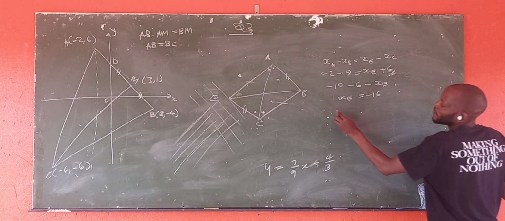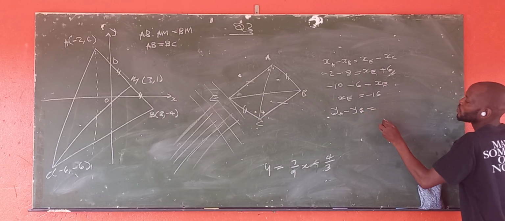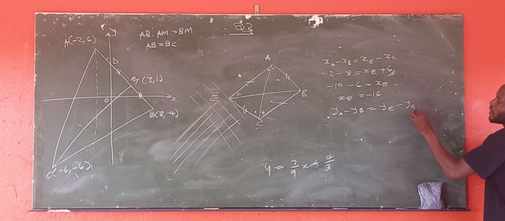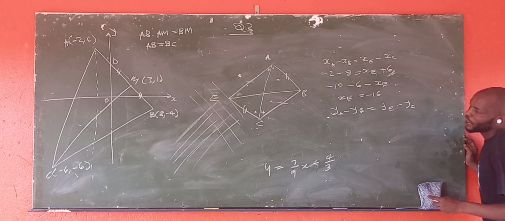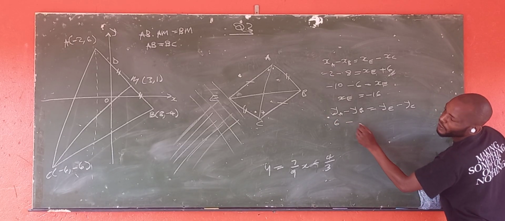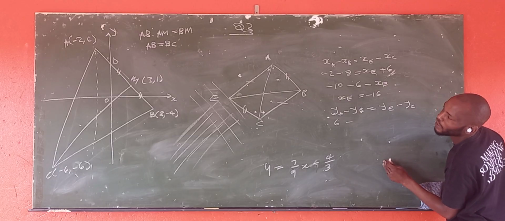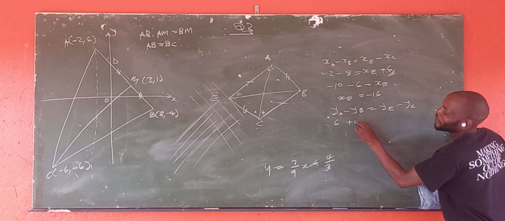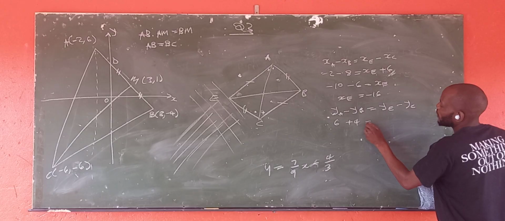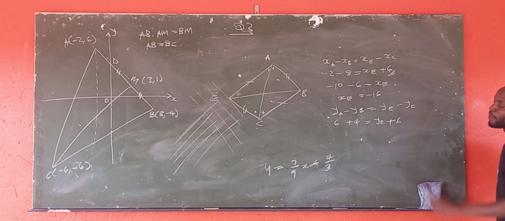Similarly, y at A minus y at B should equal y at E minus y at C, right? What is y at A? y at A is 6 minus y at B. y at B is 4, so it will be 6 minus 4, that will be positive. Then we do y at E minus y at C, y at E minus 6.